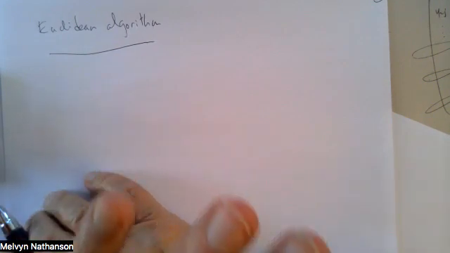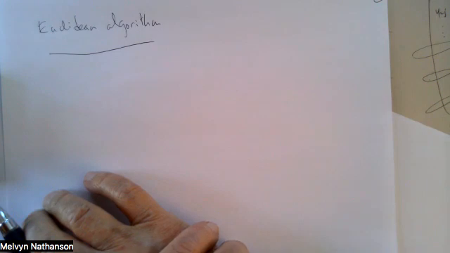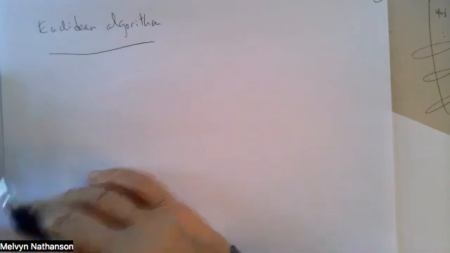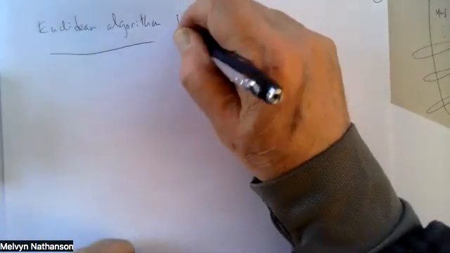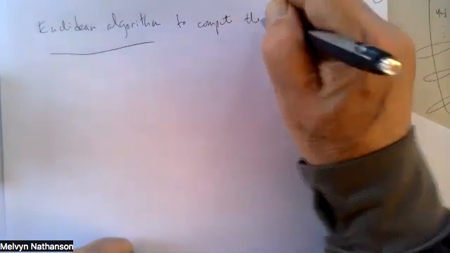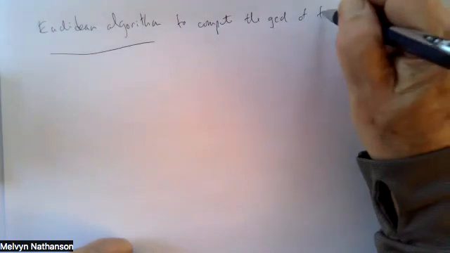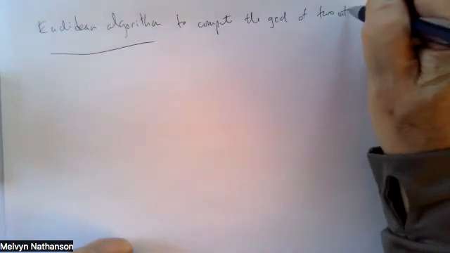You just follow directions and you automatically get the answer. That's perfect for computers because computers don't think seriously. They follow instructions. So there's the so-called Euclidean algorithm to compute the GCD, greatest common divisor, of two positive integers.